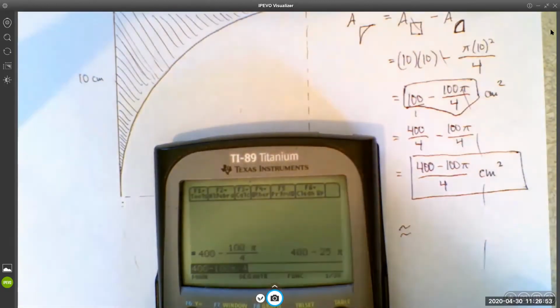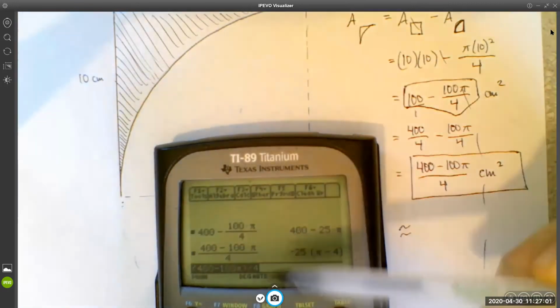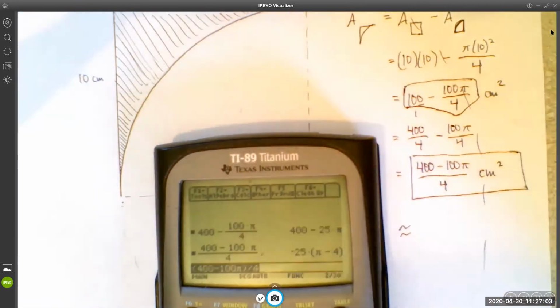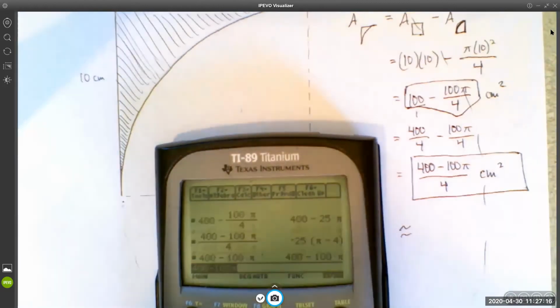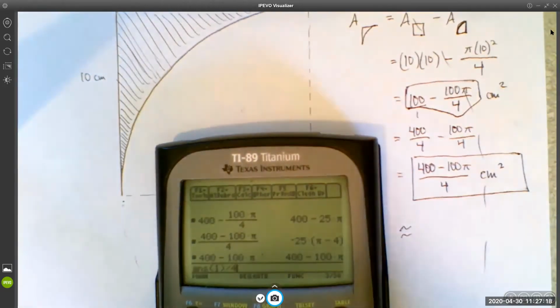So in order to get that to happen, what I really need to do is put this part in parentheses. See, and now it displays it the way that it's meant to be displayed, and then it gives me the answer there. Alternatively, you could do it like this. You could do the numerator first, 400 minus 100 pi, and then hit enter, and then say divide by 4.